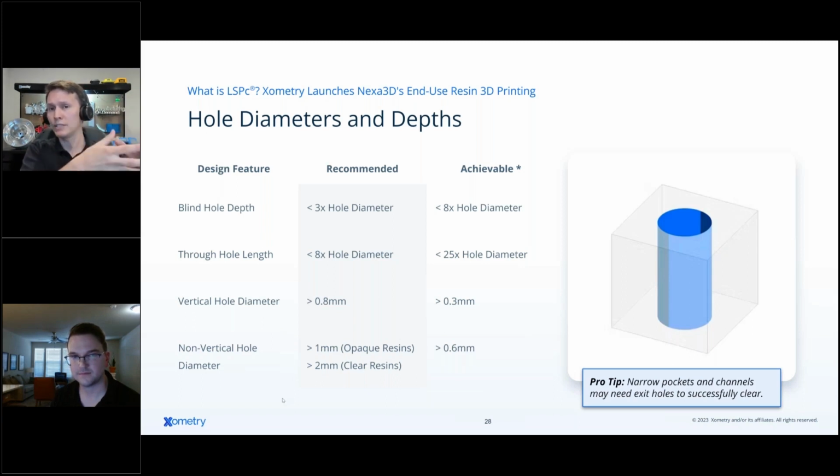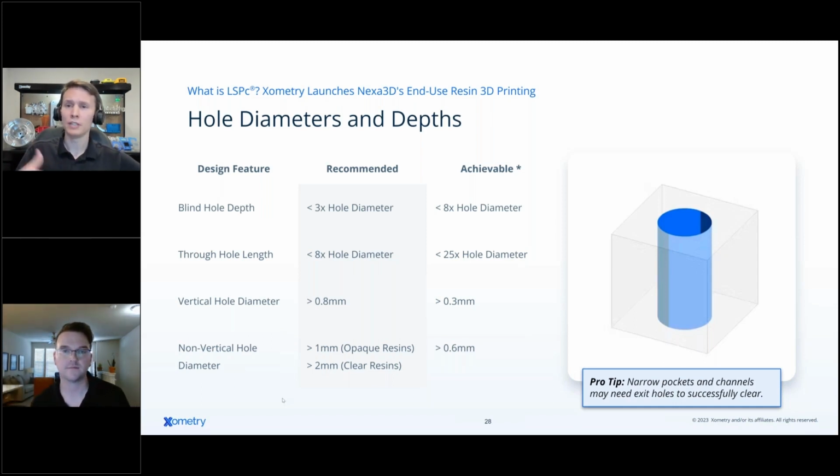And when these resins go through a UV bake, essentially a curing stage in ultraviolet afterwards, any trapped material will solidify. So when we think about blind hole depth, that 3x hole diameter recommendation is not just about resolution, but about clearability. In a standard production environment, will this hole clear out naturally with our standard cleaning process?